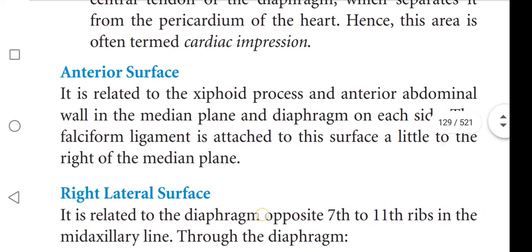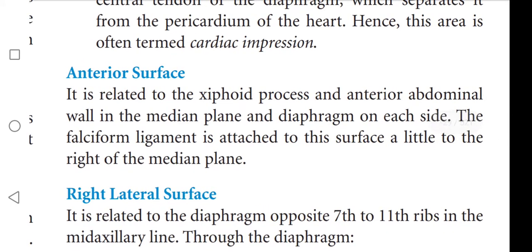Next, anterior surface. The anterior surface is related to the xiphoid process and anterior abdominal wall in the median plane, and diaphragm on each side. When we see the anterior surface in the median plane, it is related to the xiphoid process and anterior abdominal wall.